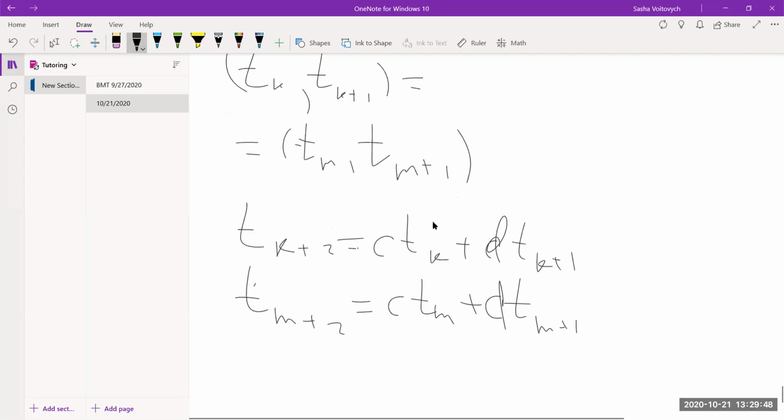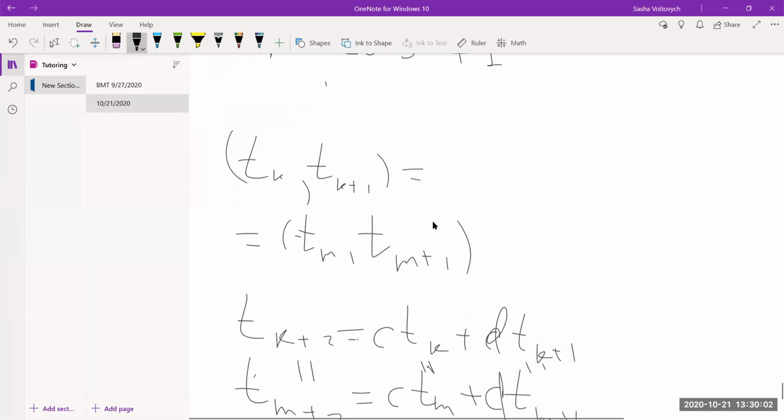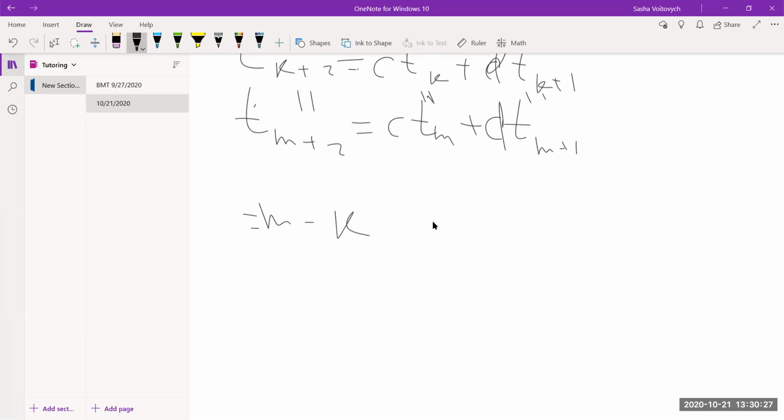So because tk is equal to tm and tk plus 1 is equal to tm plus 1, then tk plus 2 is equal to tm plus 2, and so on. Because the next number is determined by the previous two, if at some point these happen to be equal, then starting from position number k, the sequence is periodic with a period m minus k. Sounds good.